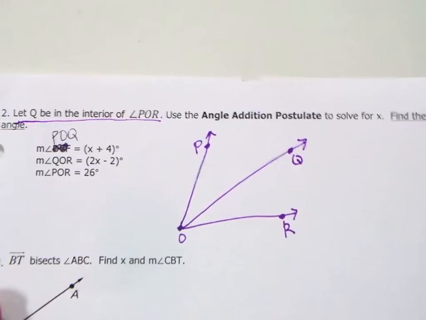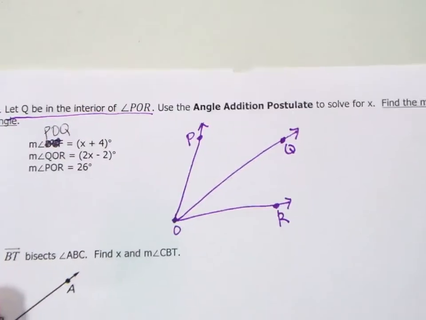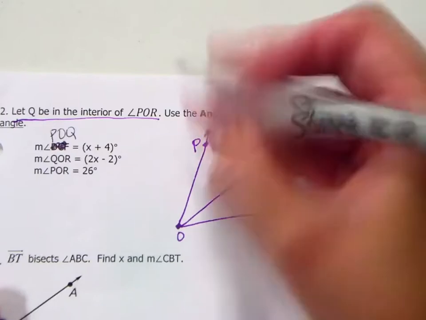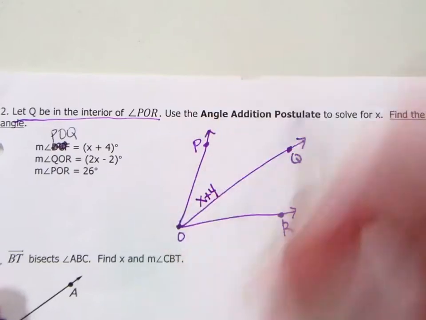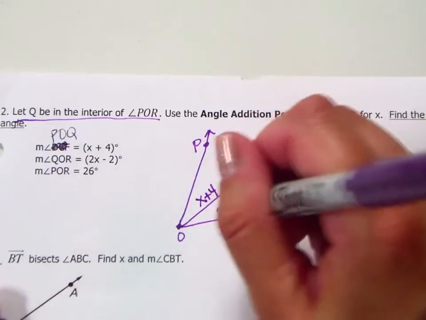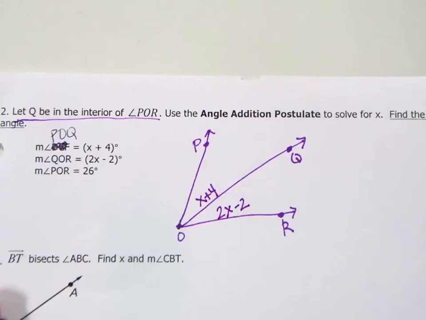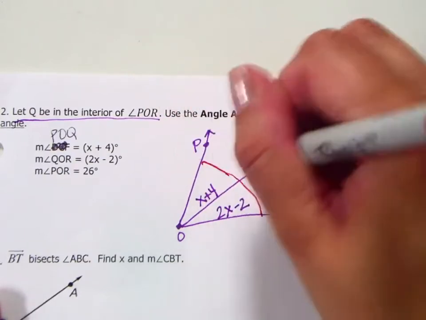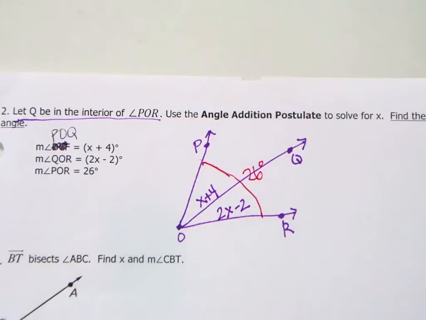All right, use the angle addition postulate to solve for x, then we're going to find the measures of the angles. So let's use this information, fill in our picture. We're told the measure of angle POQ is x plus 4. We're told the measure of angle QOR is 2x minus 2. And then we're told that the measure of POR, so that's the whole thing, is 26 degrees.